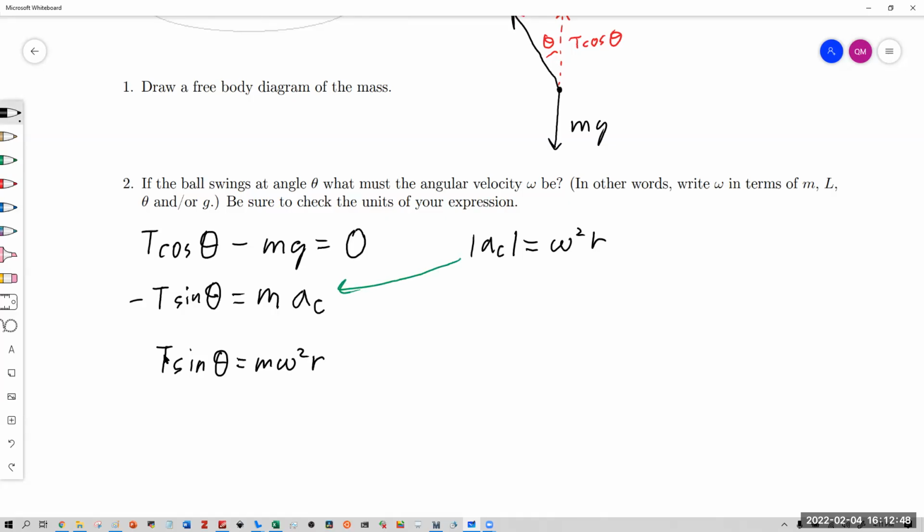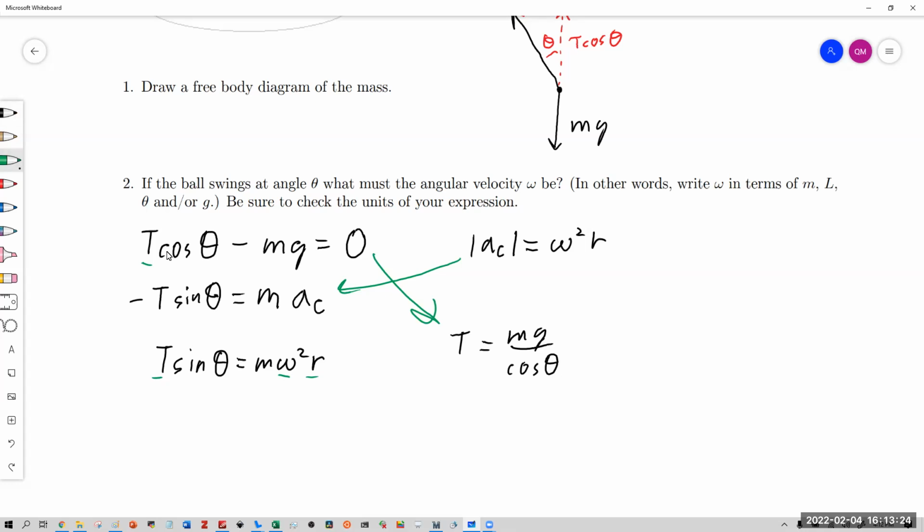Okay, let's remember what we were trying to get. We're trying to solve for omega. We're not given tension, and we're not given r. So we're going to have to find tension and r. Well, we can get tension from this equation up here. We can solve for tension, and we would get tension is equal to mg over cosine theta.